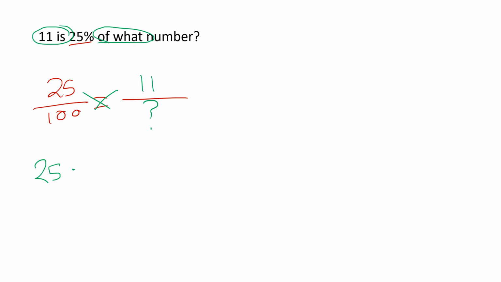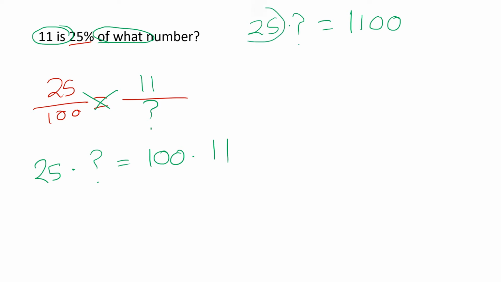We get 25 times mystery number equals 100 times 11. And then when we multiply, we should get still our 25 times our mystery number. 100 times 11 is 1,100. And then we will divide by 25. So how many times will 25 go into 1,100?